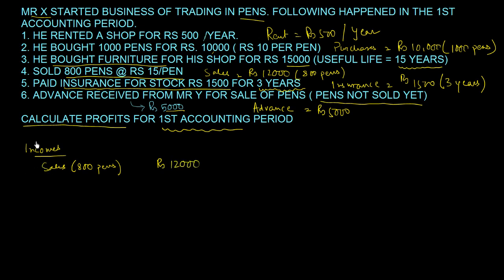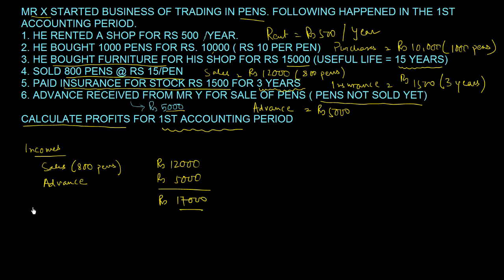Then the accountant who does not know the accrual and matching concept would consider the advance received from Mr. Y also as an income. Since cash is received, he would record this amount as an income. So advance received rupees 5,000 will also be treated as an income. So total income would be rupees 17,000.